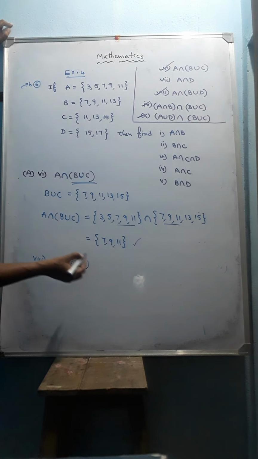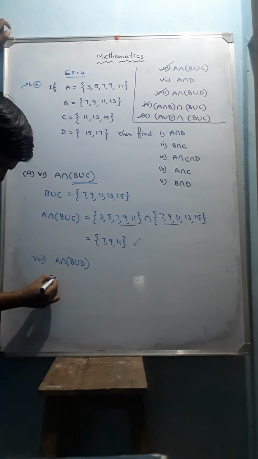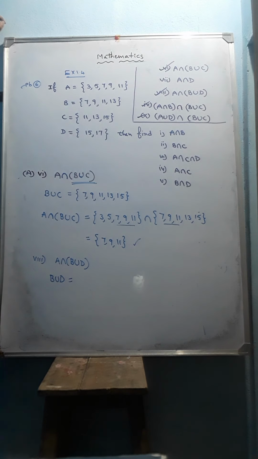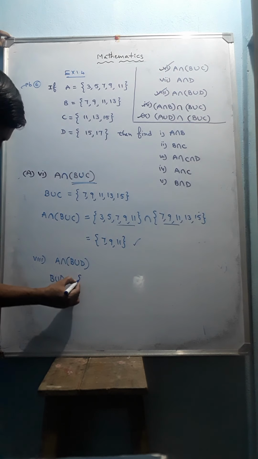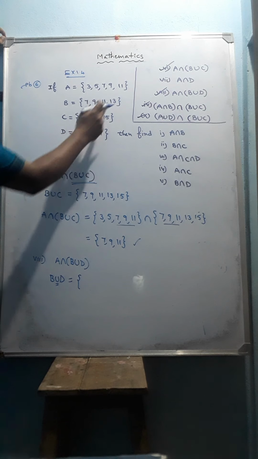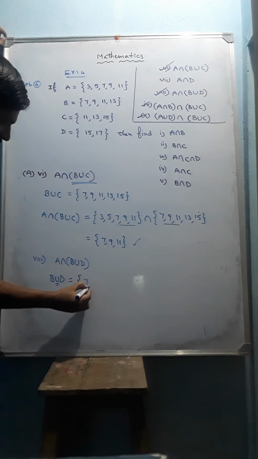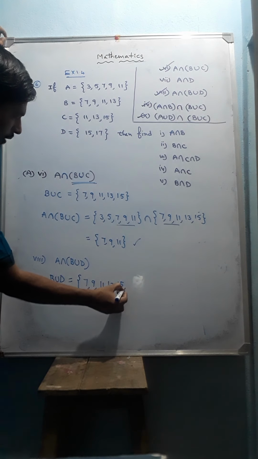Same as this one. First find the bracket set, B union D. The union symbol means the combination of elements of the B and D sets. So the B, D set elements are 7, 9, 11, 13, 15, 17.